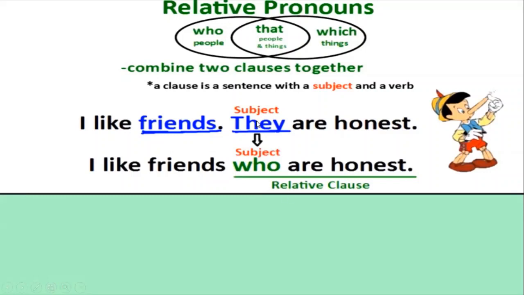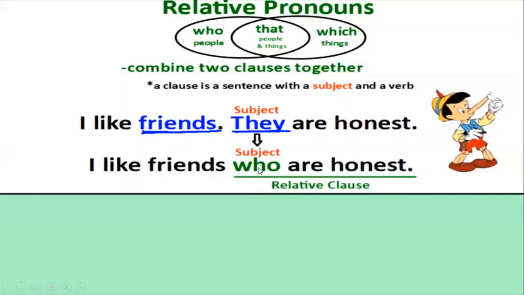That's great. Now, what happens here? Take a look here, we have sentence number one, I like friends, and sentence number two, they are honest. Now here, what I did is that I just replaced this subject by a relative pronoun, right? Here in the first sentence, they refers to friends.